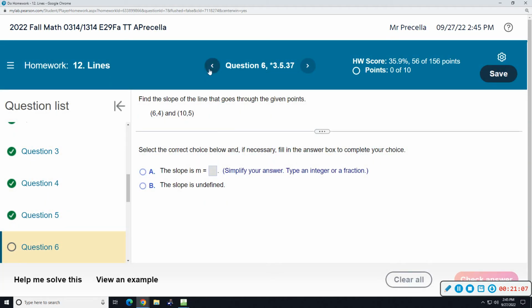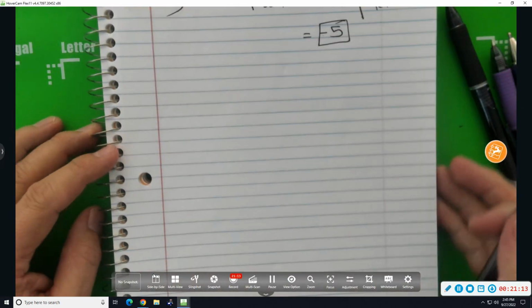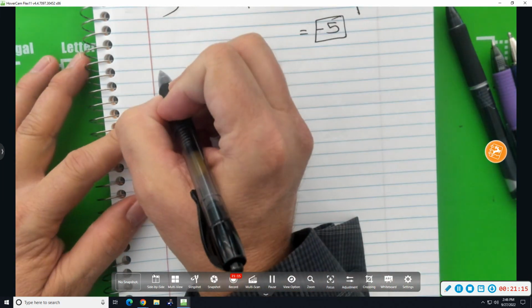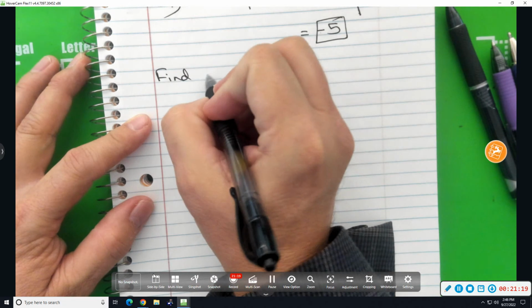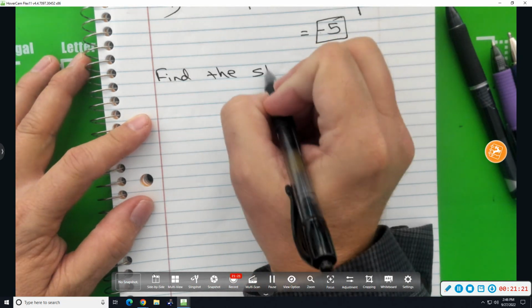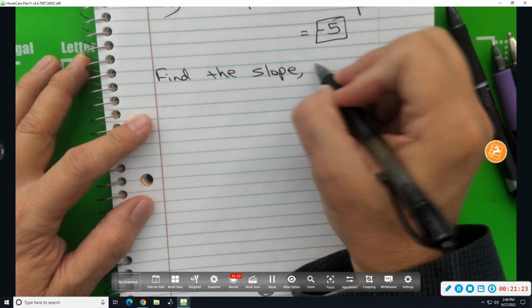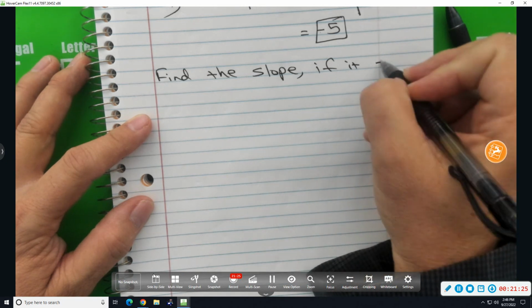I think I'm going to make up another example before we look at the formula, okay? Okay, let's see. Find the slope if it exists.